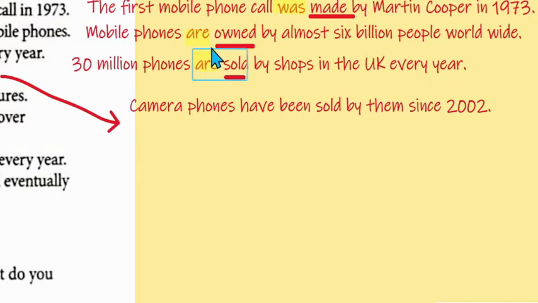Camera phones have been sold. Okay, we have the have been. Been is the to be, and sold is the verb 3. Camera phones have been sold by them since 2002.